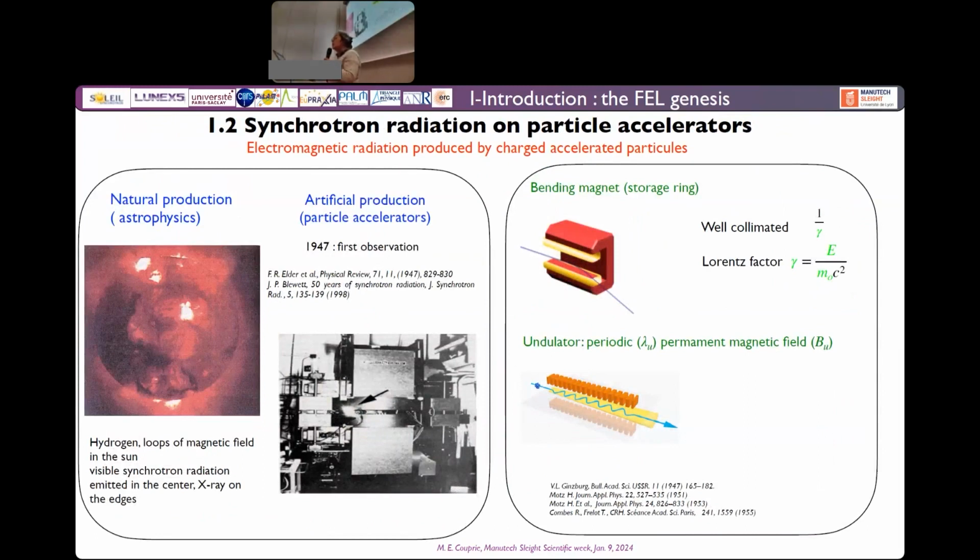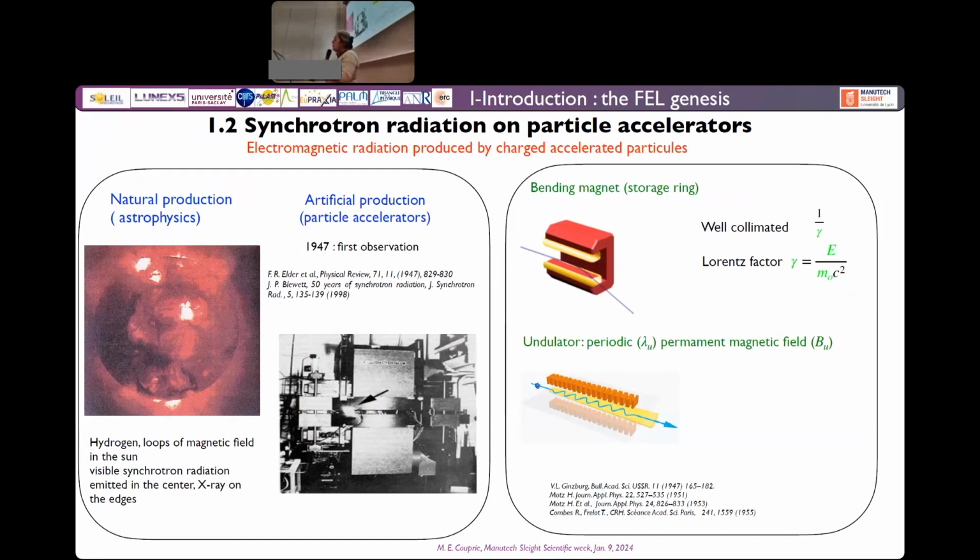Actually, synchrotron radiation can also be produced naturally, and I put here an example of the sun, where we have hydrogen loops of magnetic field which provide visible synchrotron radiation. Now on accelerators, we produce synchrotron radiation with a curved trajectory in a bending magnet, and we have very collimated synchrotron radiation, which is emitted over an angle of 1/gamma.